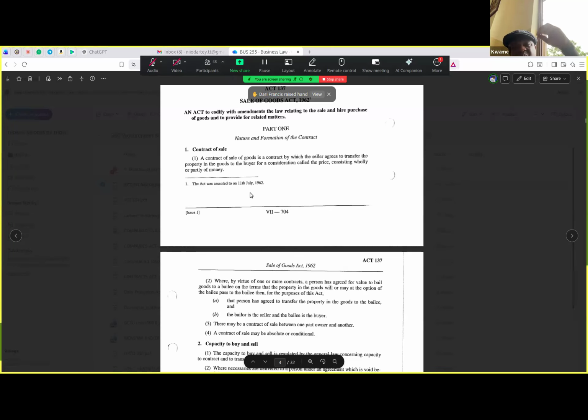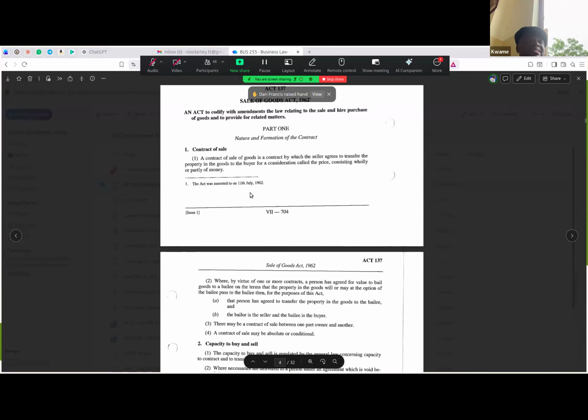But here, consideration is called a price, and the price that you pay can be wholly money or partly money, which means that if the person is selling the goods to you at, let's say, 10,000 Ghana cedis, you can pay the 10,000 Ghana cedis together in cash, or you can pay half cash, half in kind, or whatever.